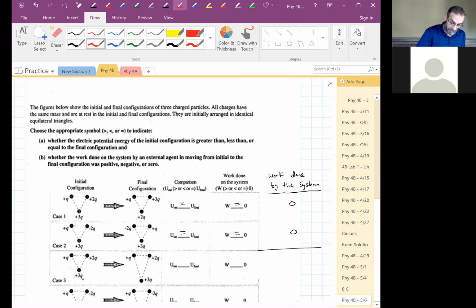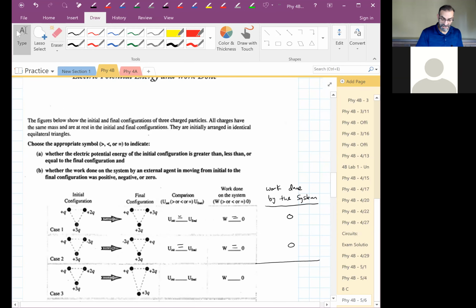There's this 3 coulomb, plus 3 charge, and we pulled it down and stretched it so it's a little farther away from the other 2 charges. So in doing that, what happens to the energy of the system? Did we do work on the system, or did the system do work on us? Right.